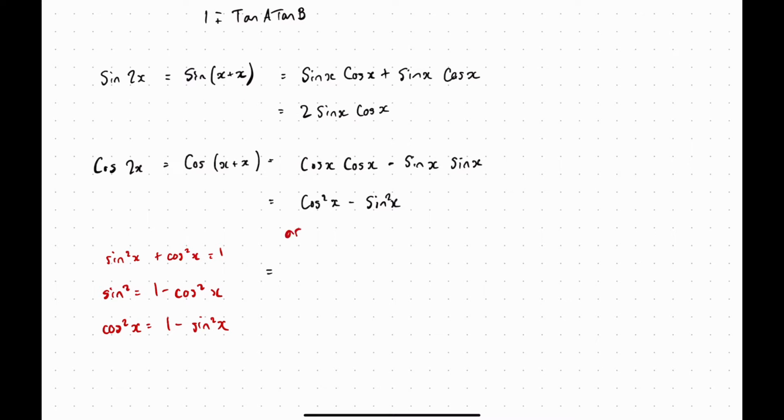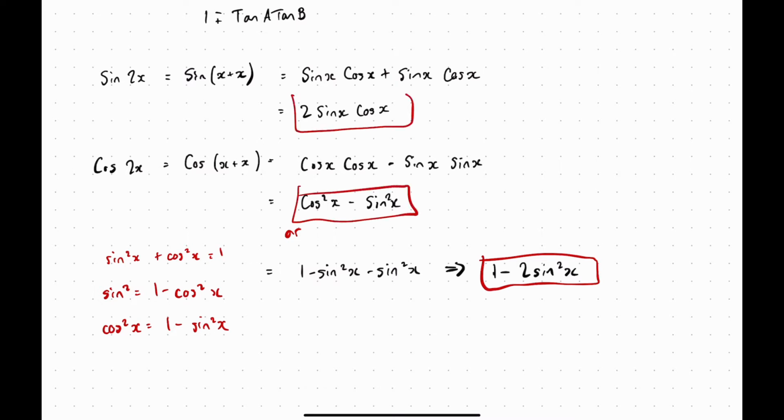So cos 2x is equal to, if I replace cos squared x, it becomes 1 minus sine squared x minus sine squared x, which is the same as 1 minus 2 sine squared x. So that's one of the other identities. And the other one will be equal to cos squared x minus 1 minus cos squared x, which becomes 2 cos squared x minus 1.